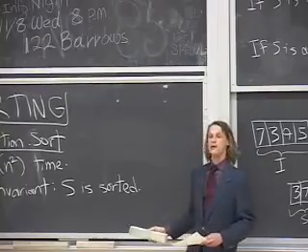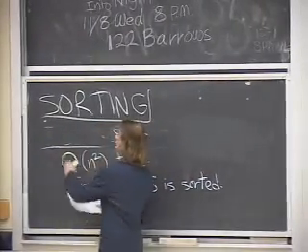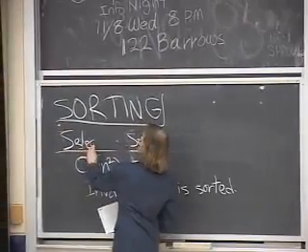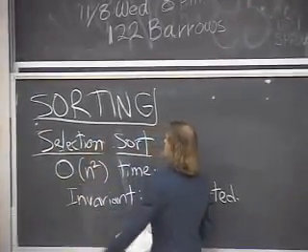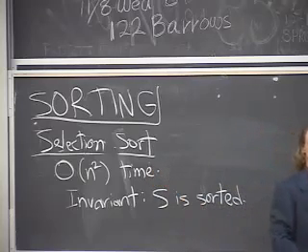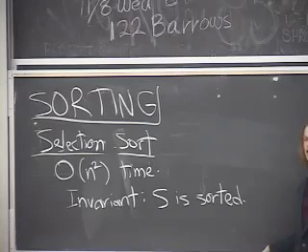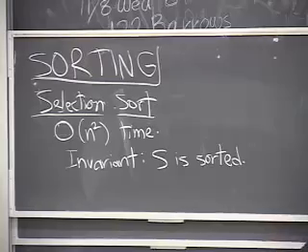All right. Our second sort is called selection sort. Selection sort also runs in quadratic time. In fact, there's a sense in which it's even worse than insertion sort because it always runs in n-squared time no matter what your input is or whether it's sorted already or not.